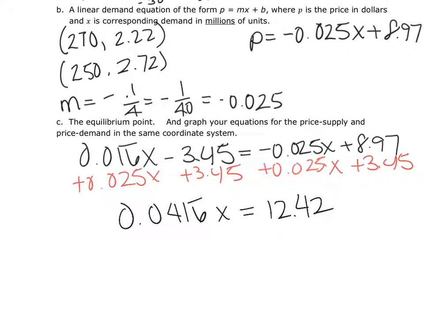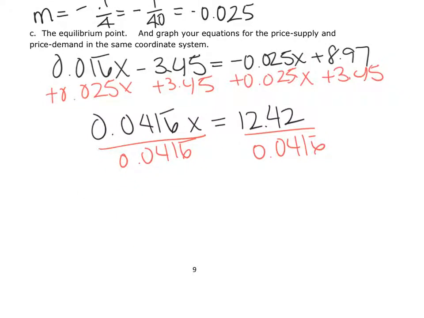I need to solve for x, so I'm going to go ahead and divide 0.0416 repeating and 0.0416 repeating. And again, I did my fractions on these so I can get the exact. And I've got x is equal to, and I ended up with 298.08.